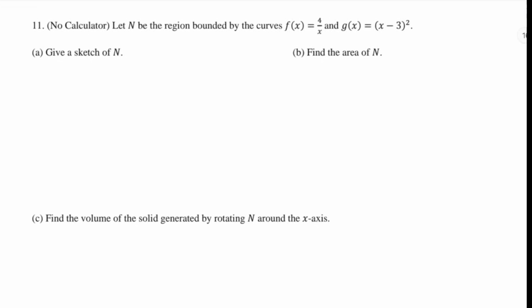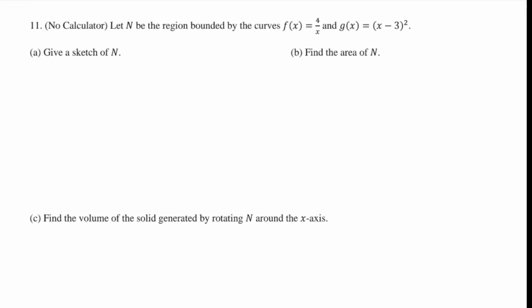Let N be the region bounded by curves 4 over x and x minus 3 squared. Oh, and x minus 3. I was really confused. I was thinking about x squared minus 3. Okay, so y equals 4 over x.